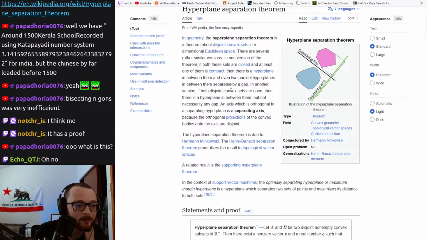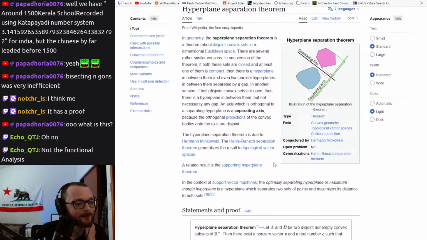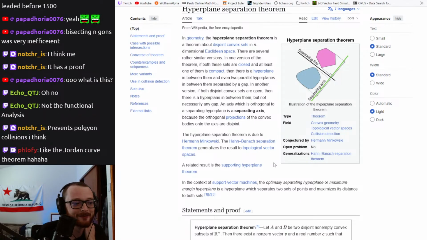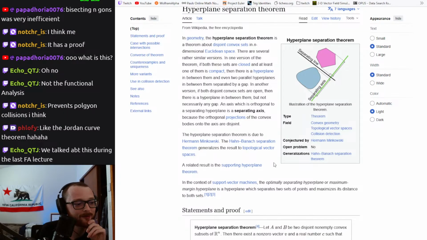Here, I'll stand on the thing up here so you can read it. Is this a functional analysis thing? I would just call this geometry, I guess. Yeah, the Jordan curve theorem. It probably does come up in functional analysis, though.